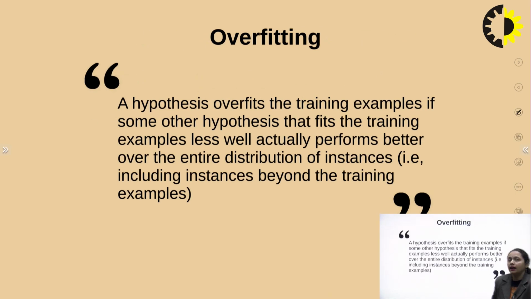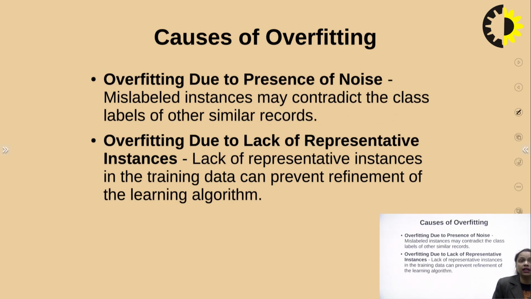A hypothesis overfits the training examples if some other hypothesis that fits the training examples less actually performs better over the entire distribution of instances. That is overfitting. Next, what are the causes of overfitting? Overfitting can be due to the presence of noise or due to the lack of representative instances.